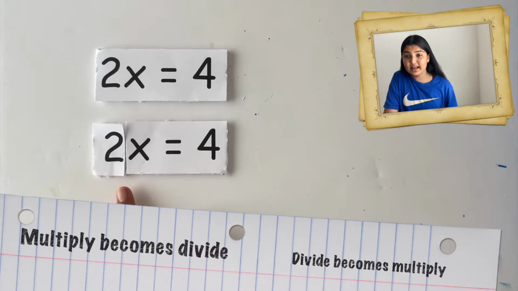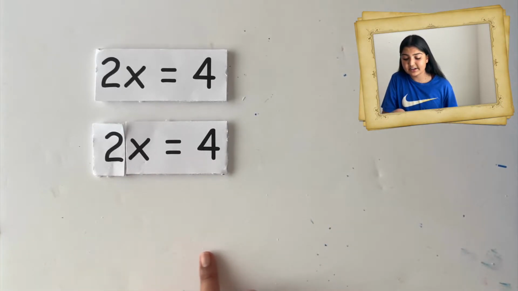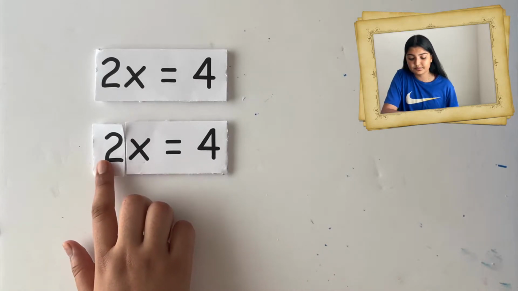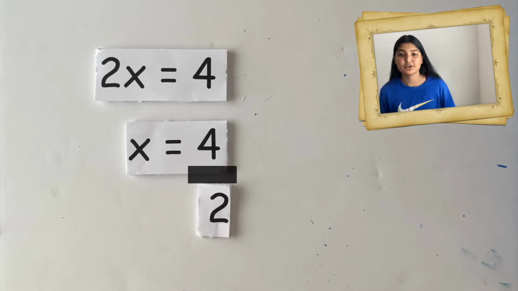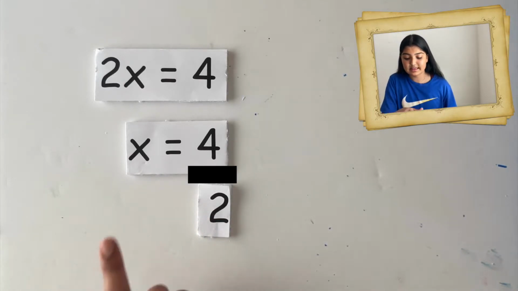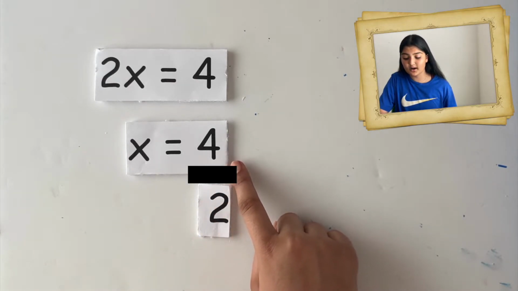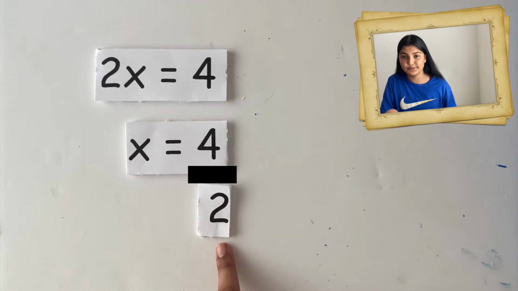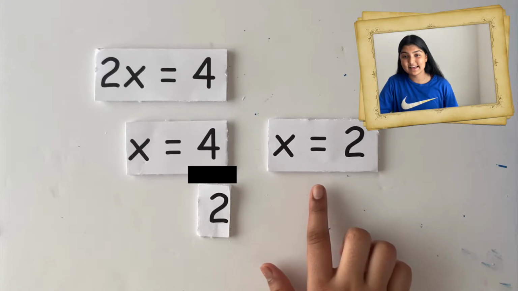Since we're multiplying 2 times x, if we take 2 on this side, we would divide it. So, x is equal to 4 upon 2, or x is equal to 2.